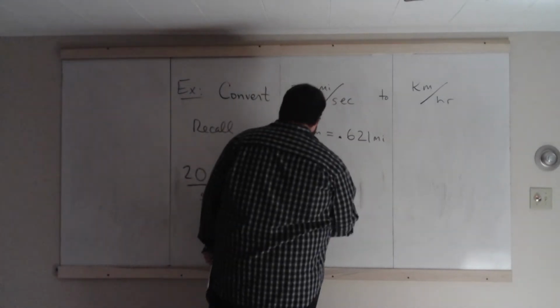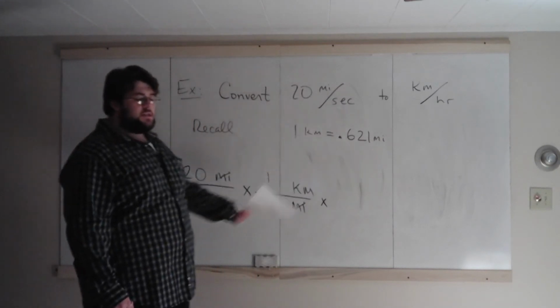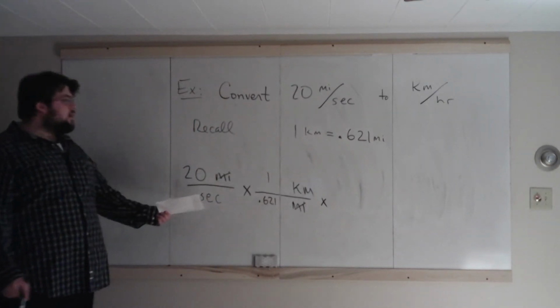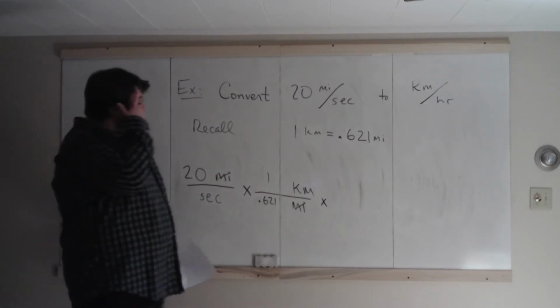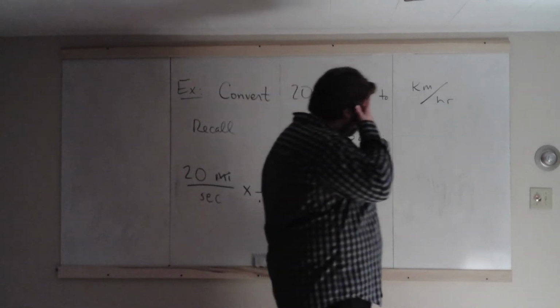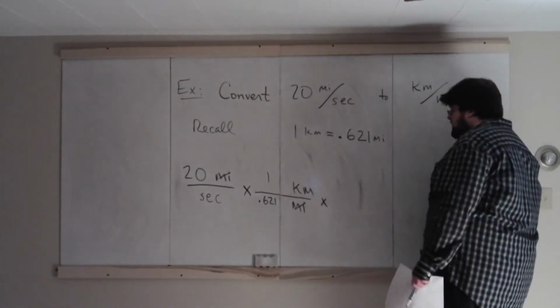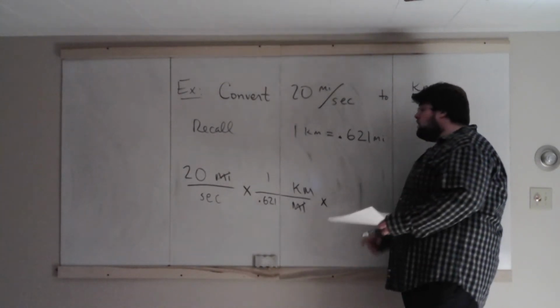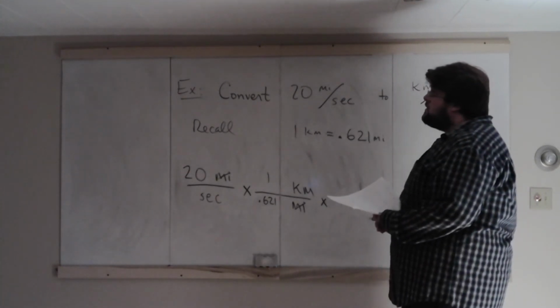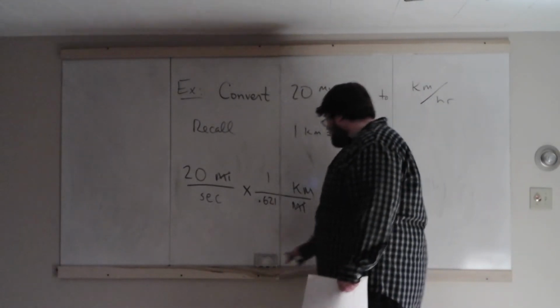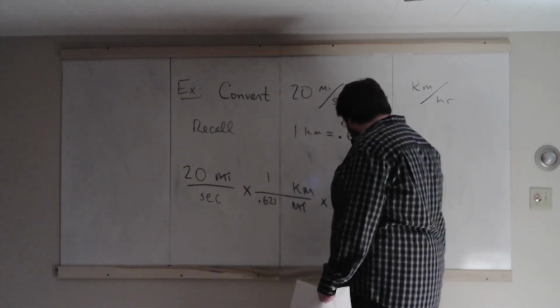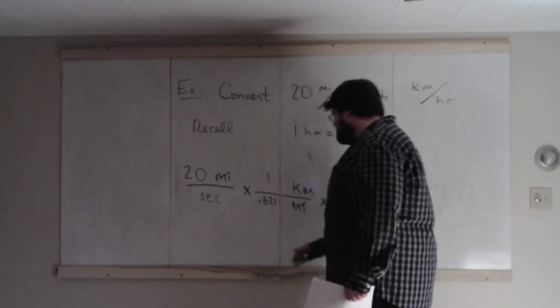We also need to convert seconds into hours, but we need these hours to be in the denominator. We'll keep that in mind. Now, I don't know how many seconds are in an hour. Well, I do. 60 times 60, 3,600. Yes, 3,600. I was thinking if there were 24 seconds in a minute. There are 60 seconds in a minute.